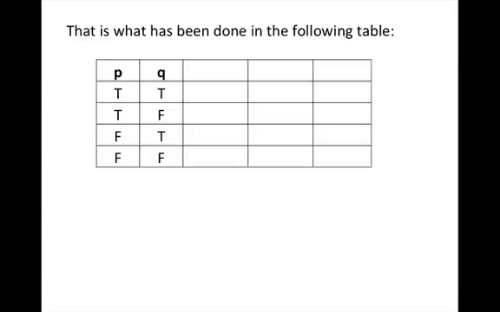So begin with P and Q. There's two propositions, so we have the 4-line truth table. I'm going to have to find P implies Q and Q implies P. Then I can find my biconditional P if and only if Q. So for P implies Q, it's only false when the first part P is true and the second part Q is false.